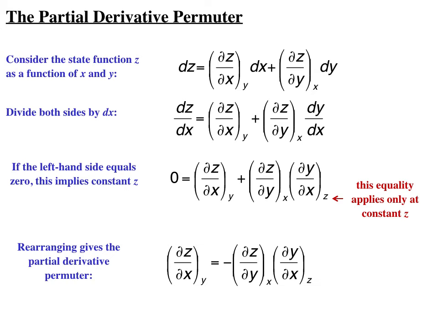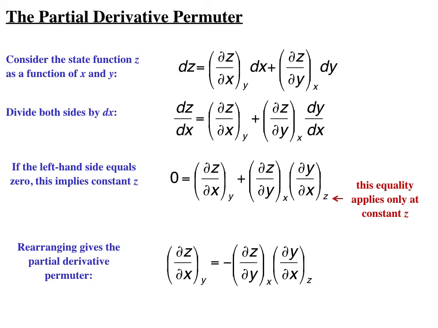If dz/dx is equal to 0, then I'm specifying that the dy/dx on the right is done at constant z. Notice I'm saying dz/dx is 0, that means z is constant, so that dy/dx function on the right has to be evaluated at constant z. That's what we're saying by that mathematical application.